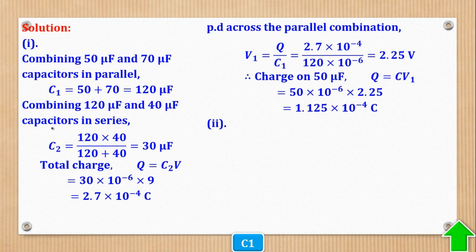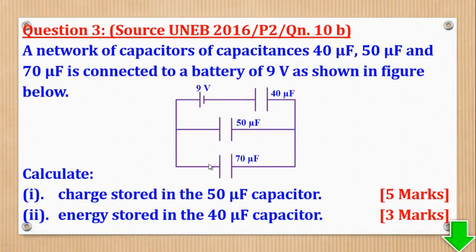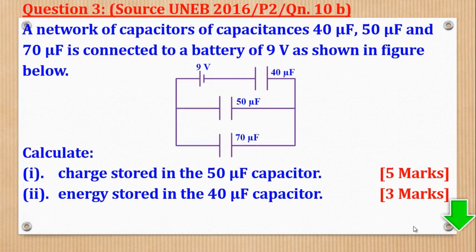So now we shall go to part (ii). They want the energy stored in the 40 microfarad capacitor. So for the 40 microfarad, we know this will be the capacitance, and we also know the total charge, which will be the charge across that capacitance. Therefore, now that we know the capacitance and the charge, we can easily get the energy stored.